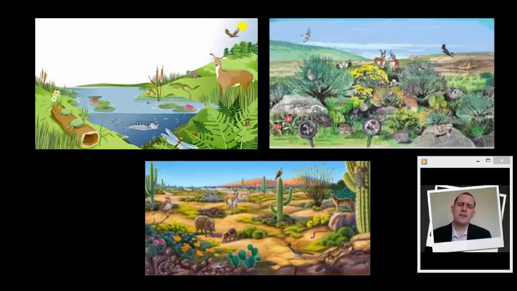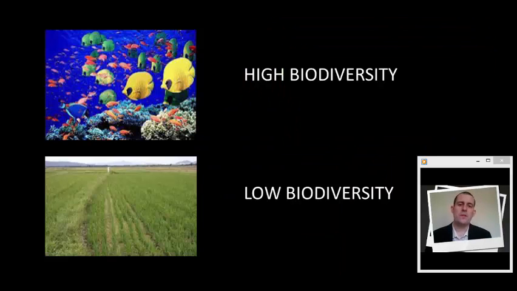The final term that you'll come across in this section is biodiversity. Biodiversity is the variety of species that live in an area. Where there are plentiful nutrients, plenty of shelter, easy breeding and not many diseases, there's going to be a high biodiversity because lots of different species will survive.